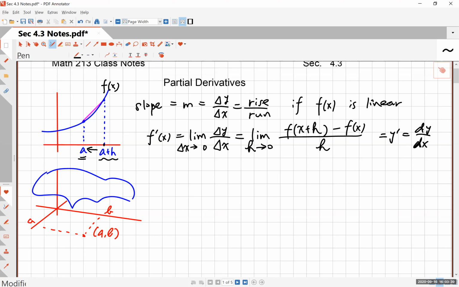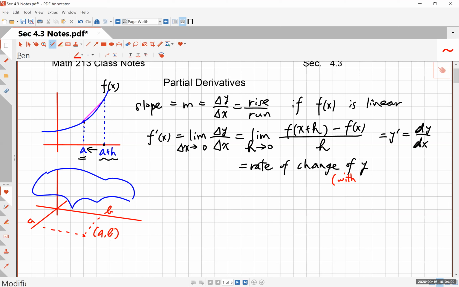Basically, when the delta changes into the English letter d, we are taking an infinitesimal step to get this thing here. And of course, you know this as the instantaneous rate of change of the function f or y with respect to x. And I'm going to spell this out. Let's say the rate of change is 5, okay?